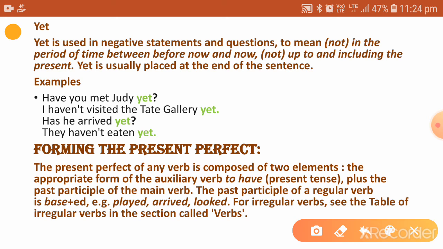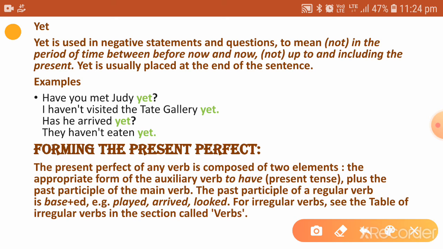Forming the present perfect. The present perfect of any verb is composed of two elements: the appropriate form of the auxiliary verb to have in the present tense plus the past participle of the main verb. It means you can say has or have plus the third form of the verb.